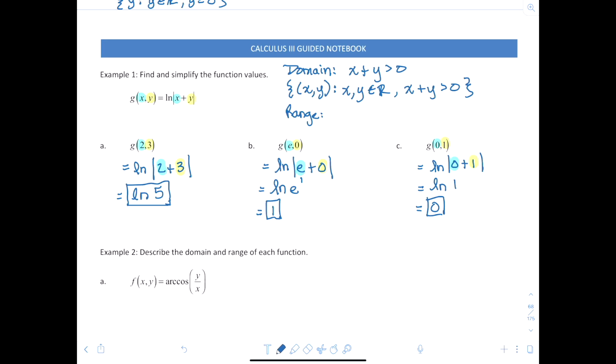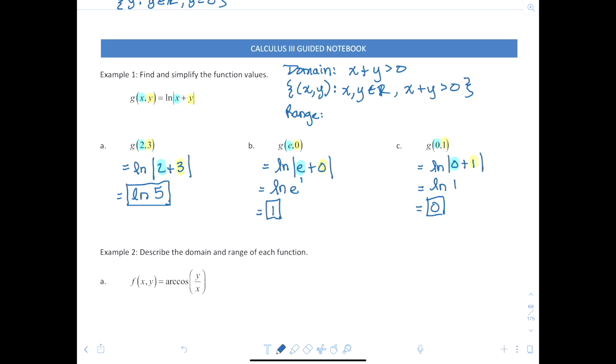Well, if all the possible inputs of ordered pairs have a sum that's greater than 0, and then when you put those in there, what's going to happen to your output?